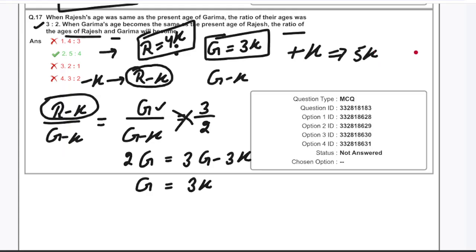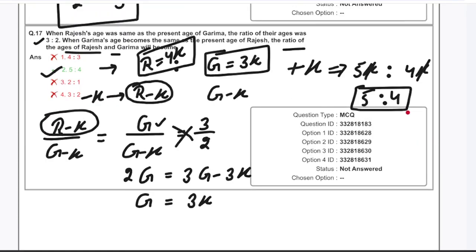X gets cancelled with X when I find the ratio, so the answer I get is 5 is to 4. Quite easy, very simple, a doable one in the exam. It was a lollipop question, I'll say, a peanut.